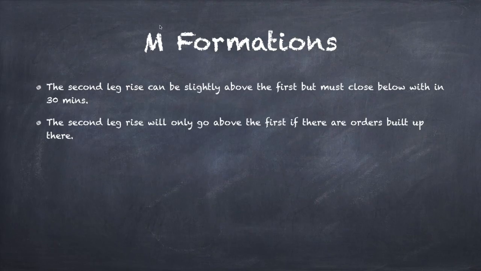They want that money. They want to trap all those traders, all the breakout traders. So that's why they're going well above the first leg. And really, they don't go above the first leg. What happens is they open up the spread a lot of times, because that's just easier for them to do.